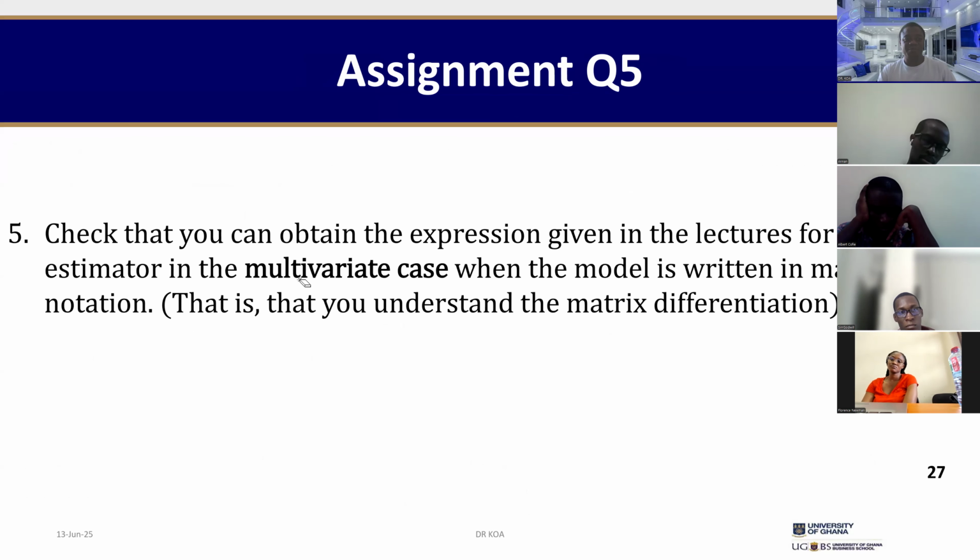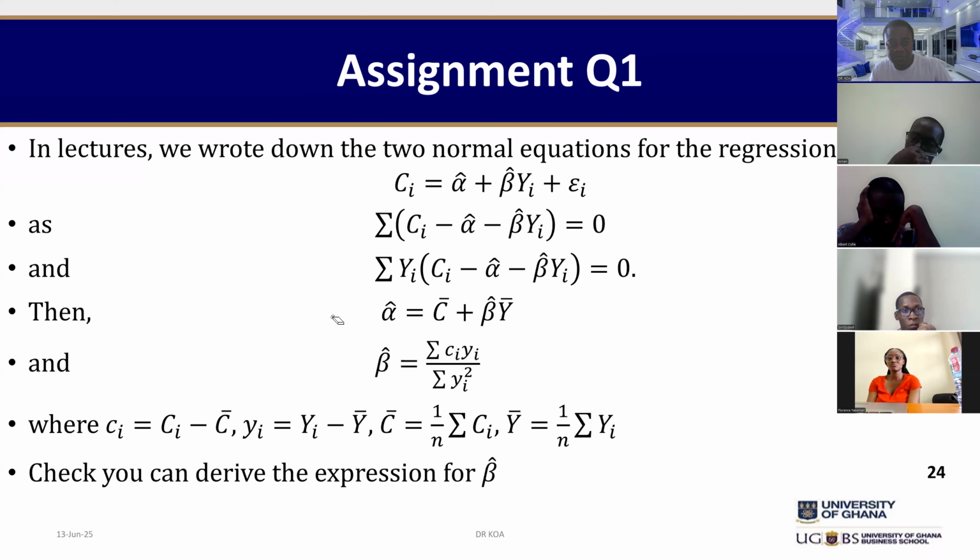And then finally, check that you can obtain the expression given in the lectures for the OLS estimator in the multivariate case, where the model is written in matrix notation. Now, let me show you that. Remember, we are looking at the OLS estimator in the multivariate case. So let me just show you.